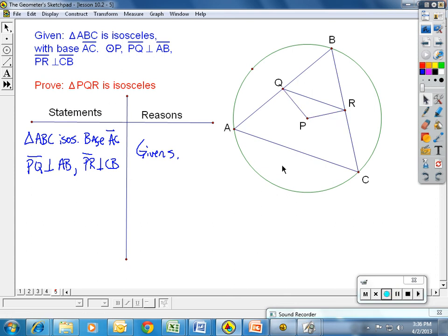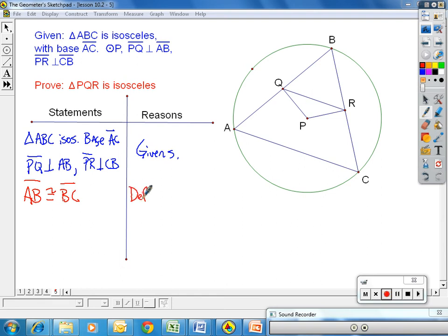And we've proven what it is we wish to prove. So, we know that AB is congruent to BC. Definition of isosceles. Thus, QP is congruent to PR.